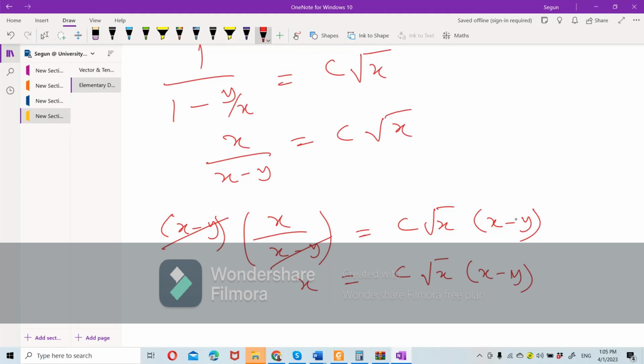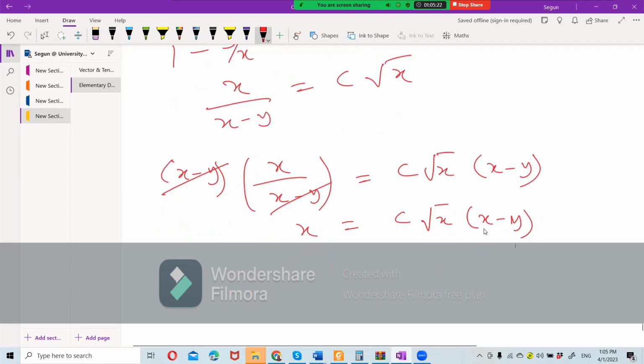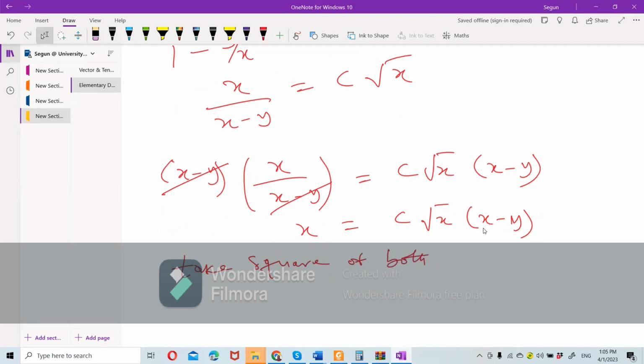But when we take the square of both sides, in order for us to cancel the square root of x, remember we want to cancel this.